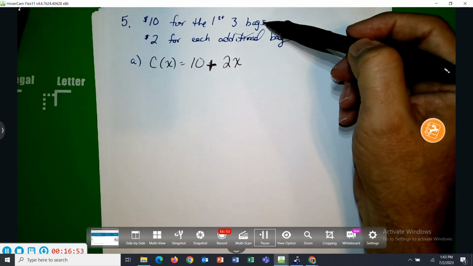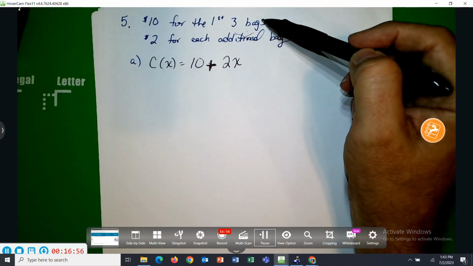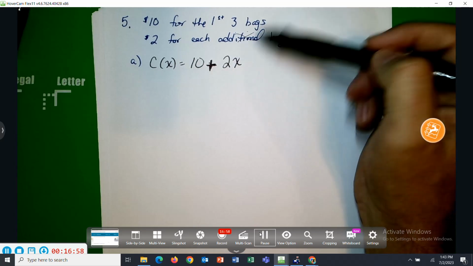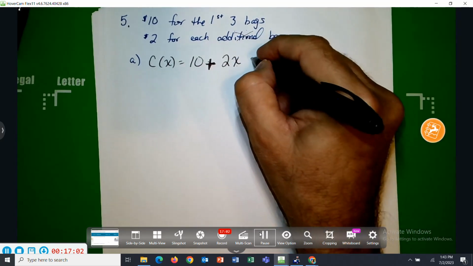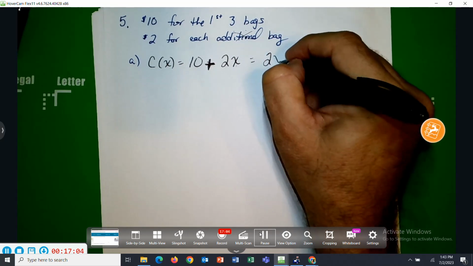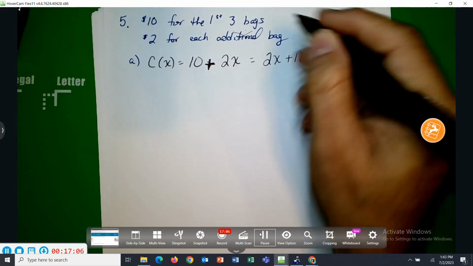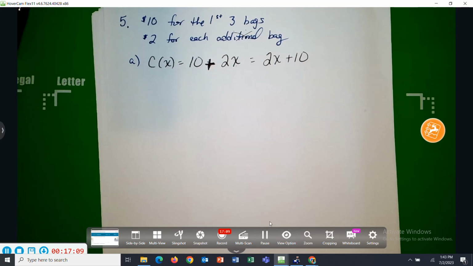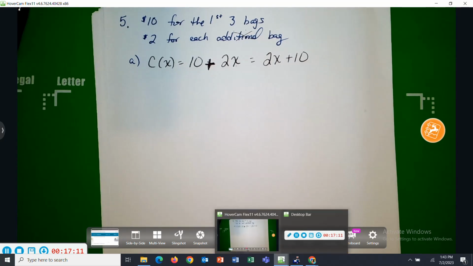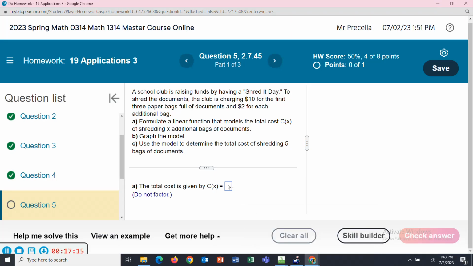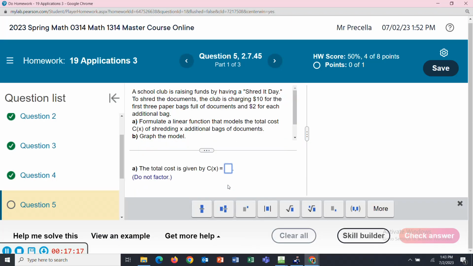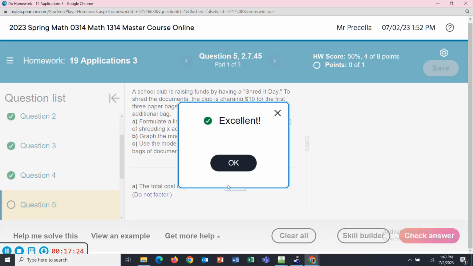The first 3 are covered with the $10. Since we like to write mx plus b, I'll write it as 2x plus 10. C of x equals 2x plus 10.